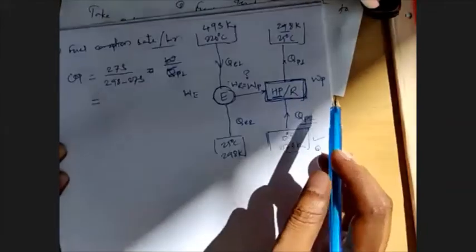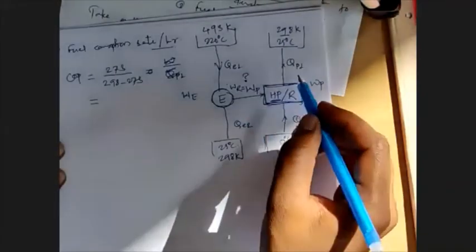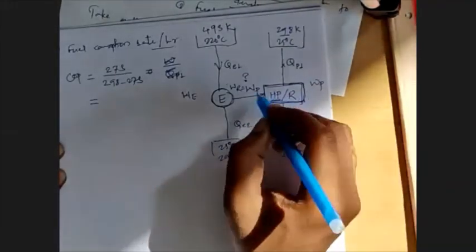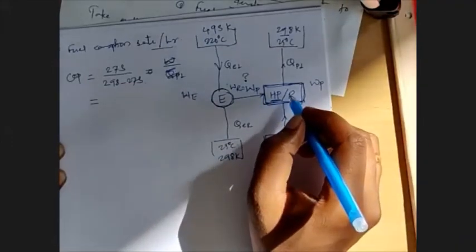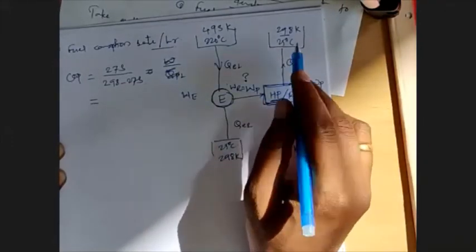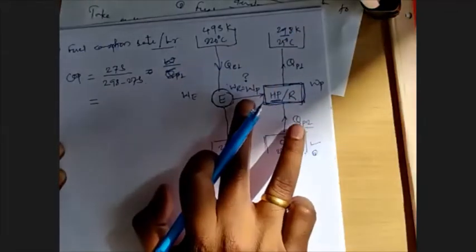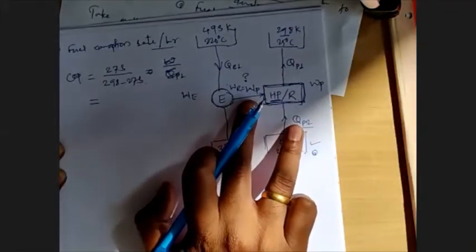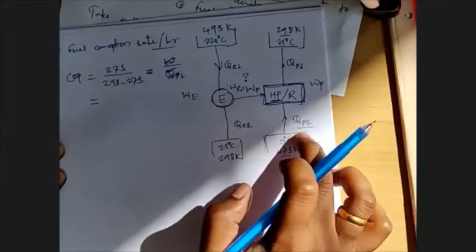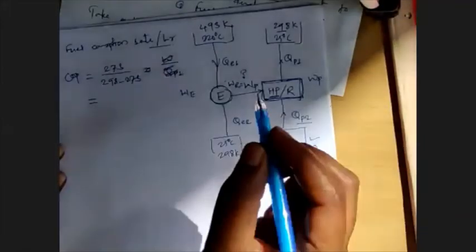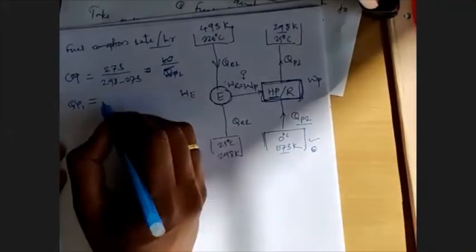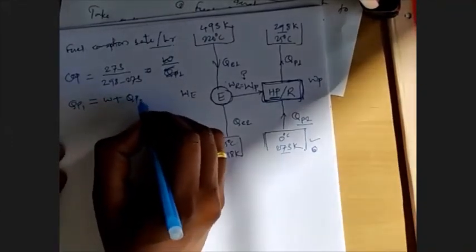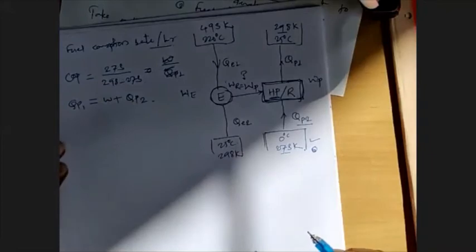For this heat pump only, W is entering the system, QP2 is also entering the system, and QP1 is going out of the system. So the addition of those two, that is W and QP2, will be equal to QP1. So QP1 is equal to W plus QP2. That is one relation.